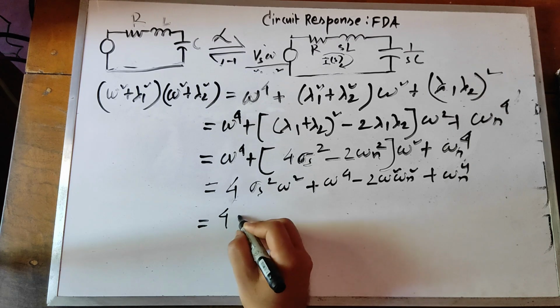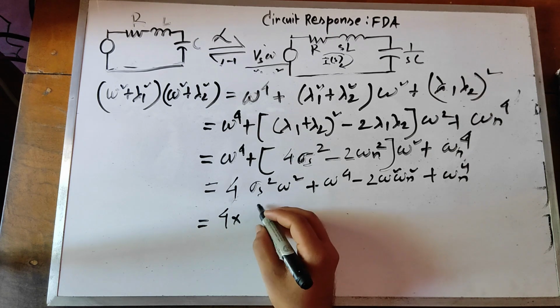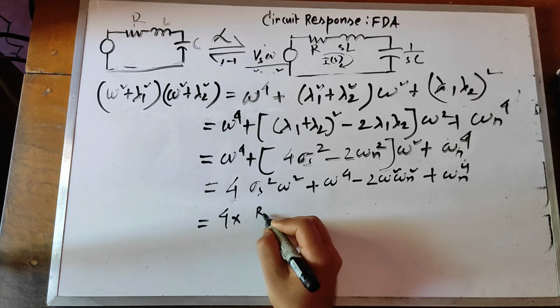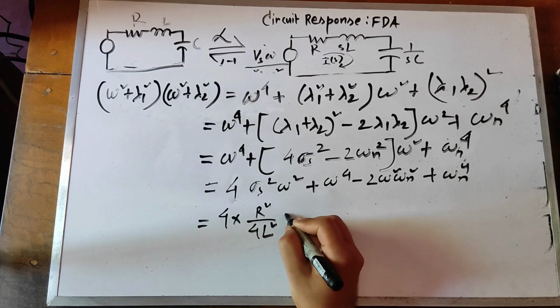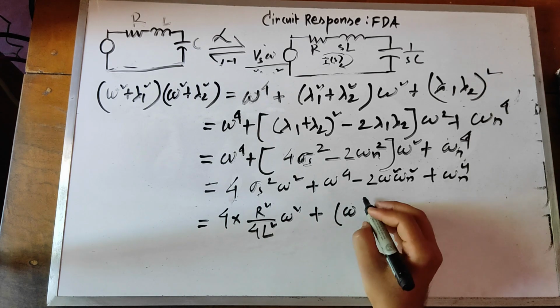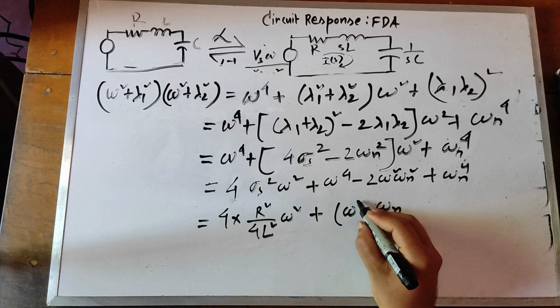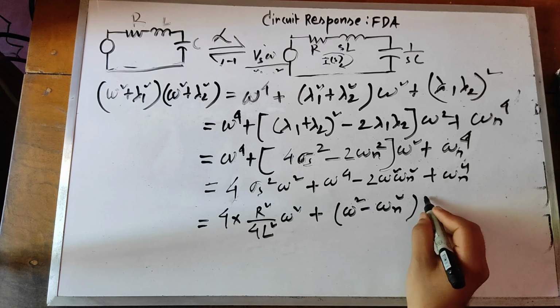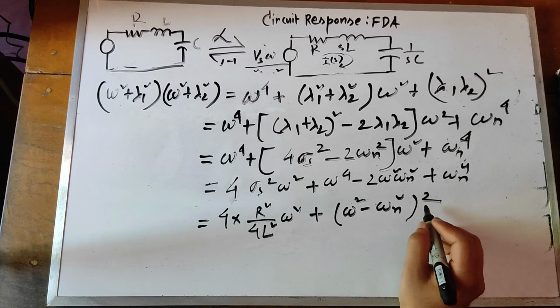Then 4 cross, if I decompose this, sigma s is R by 2L, so this will give me R square by 4L square omega square plus omega square minus omega n square whole square.